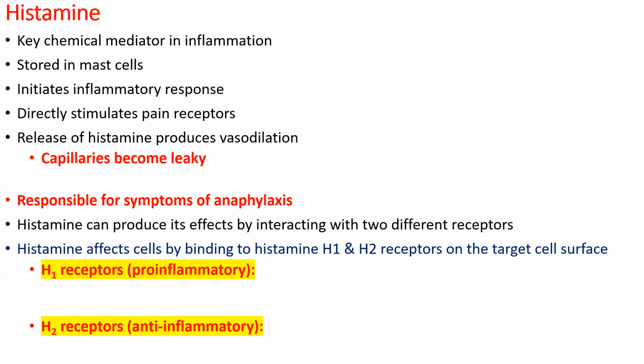histamine affects cells by binding to either the histamine receptor type 1 or histamine receptor type 2. Because there are two different receptors that are affected by the histamine on the target cell's surface. So the first one is called pro-inflammatory receptors, H1 receptors, and the other one is called H2 receptors, which is the anti-inflammatory.